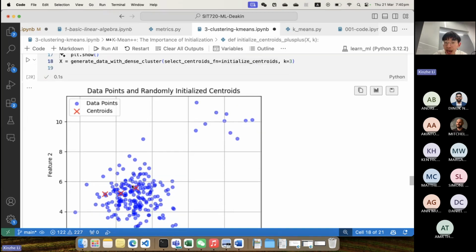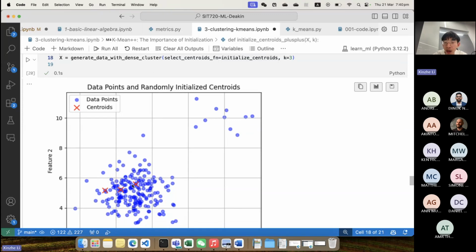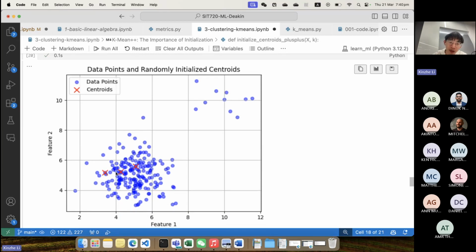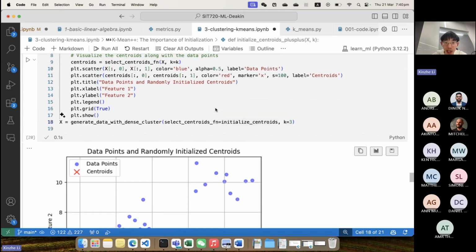Random choice depends on the probability. Here you have more examples, so obviously, when you do random initialization, it is more likely to be initialized with data points here. Here there are just a few data points, so it is less likely to be initialized here.